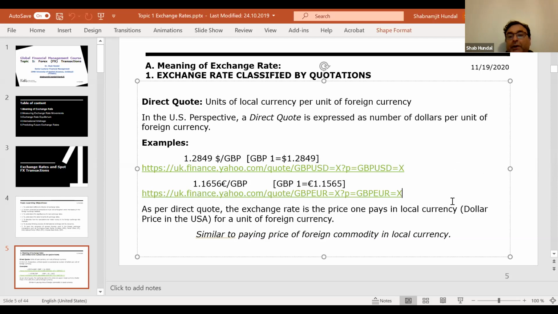But if you are in Amsterdam and the rate of exchange is written like 1 euro is equal to 0.785 pound, and remember, you are in Amsterdam. You are in Amsterdam.